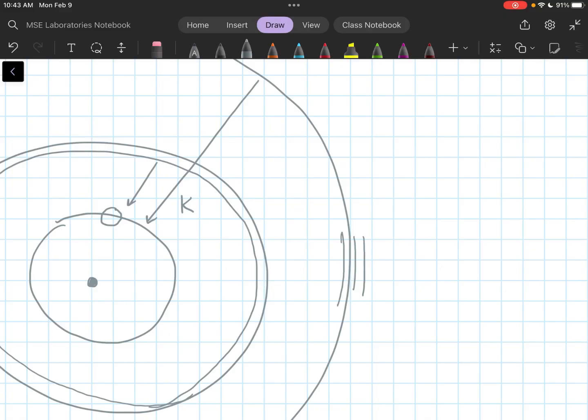It is dropping from one shell to the innermost shell. It can come from anywhere, but it's dropping specifically to the innermost shell.